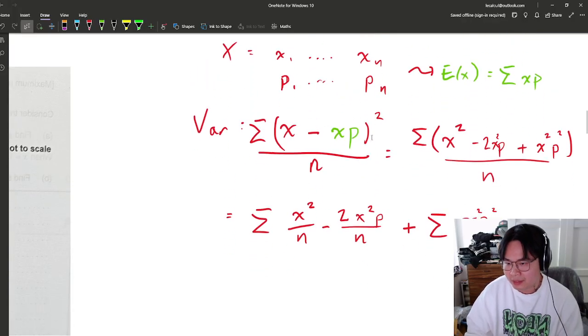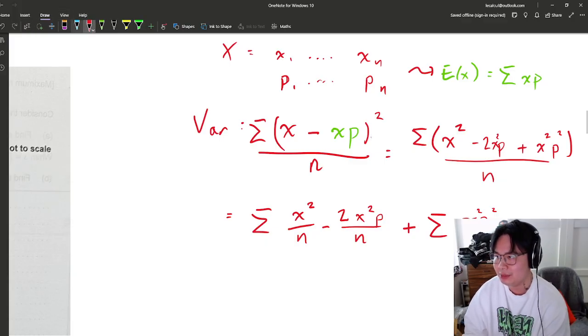I don't think I need to divide by n, because this is talking about probability. Maybe it just looks like this.